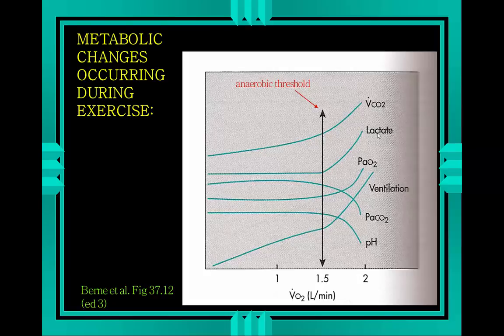So it's basically at this threshold point, the point in your exercise intensity that in fact your lactic acid is produced faster than it can be removed by the muscles, and hence it increases in your bloodstream. Now, lactic acid, it's an acid, obviously. It's going to decrease blood pH, obviously.